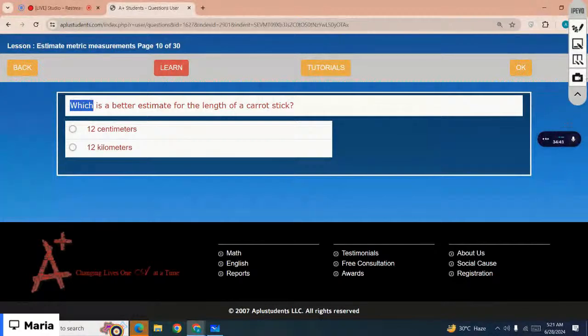The correct option is 12 centimeters. That would be a carrot stick, right? Okay, you can complete the lesson by yourself today. Let's just move on to the next lesson.